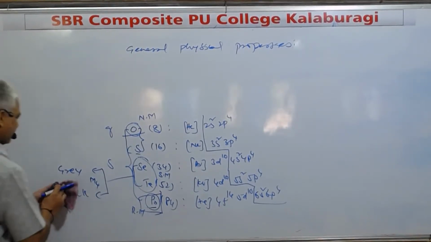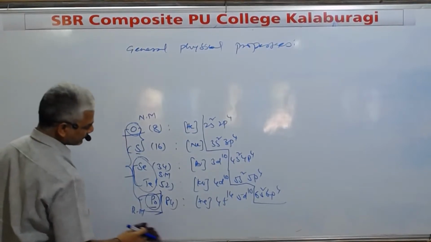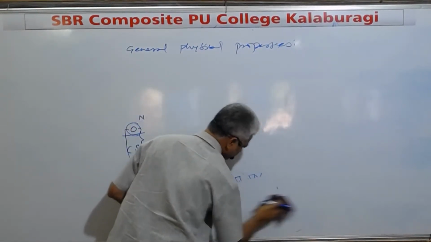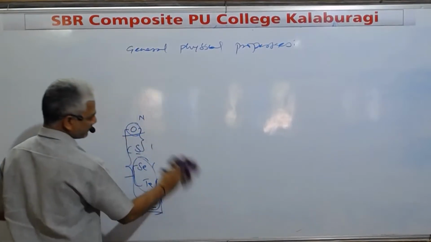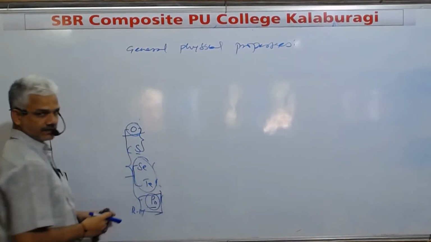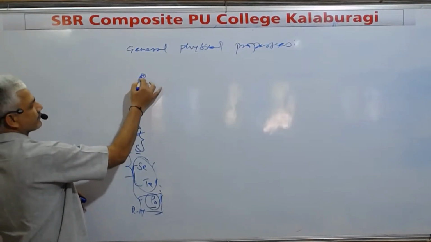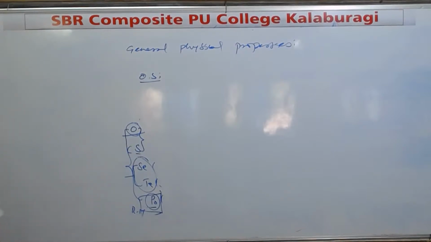Right. Next. What is the next property of comparison? Just to check out the list, same headings get repeated. Oxidation states.